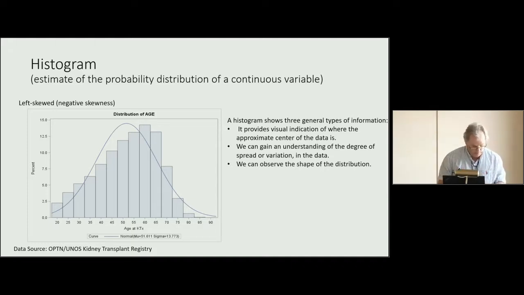So when developing a histogram, the variables are divided into several discrete intervals, or what we call bins. 5 to 20 bins are typically used. There are mathematical formulas that you use to calculate the optimal number of bins. One is Sturges' rule.